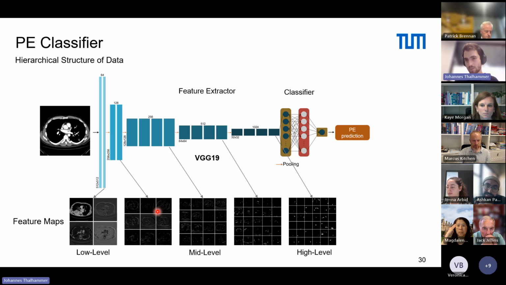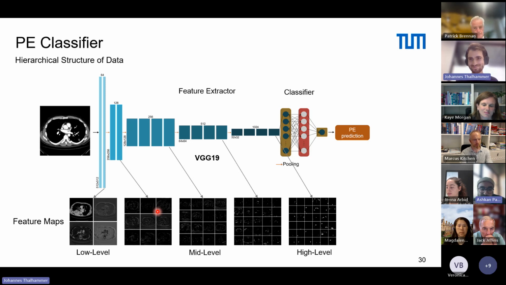No, it was a public data set and fully sampled data. So no sparse sampling. So yeah, trained on fully sampled data for PE detection on the public data set. So it's a completely different data set. Okay, great. Exactly. That's what I was most curious about.